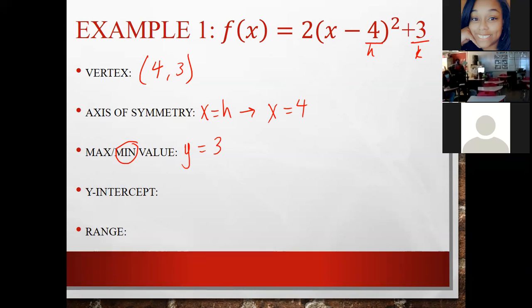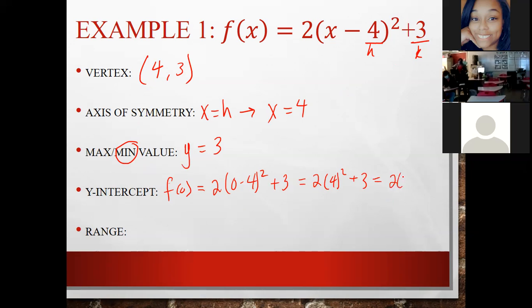Okay, y-intercept. So yesterday we talked about finding the y-intercept. In order to find your y-intercept, you have to plug in 0. So we're going to plug in 0 to find the y-intercept. So we have 0 minus 4 squared plus 3. That equals 2 times 4 squared plus 3.